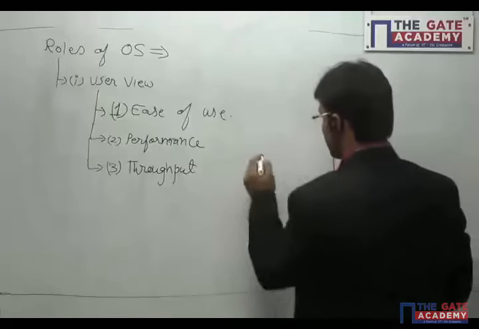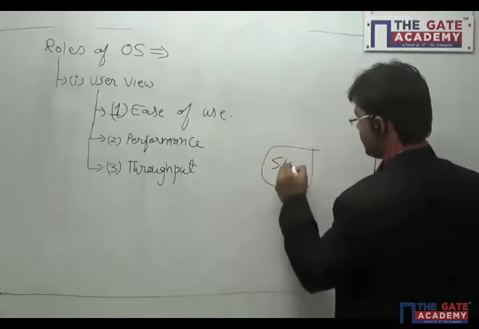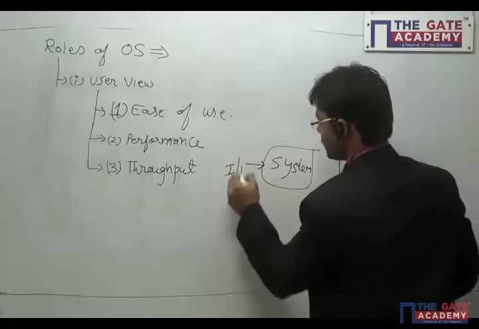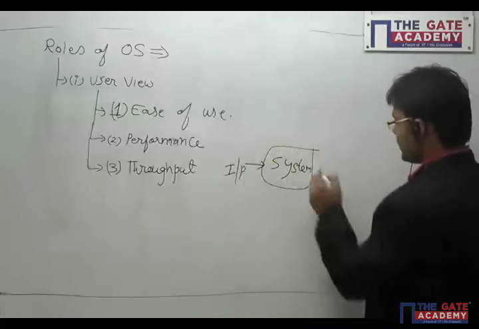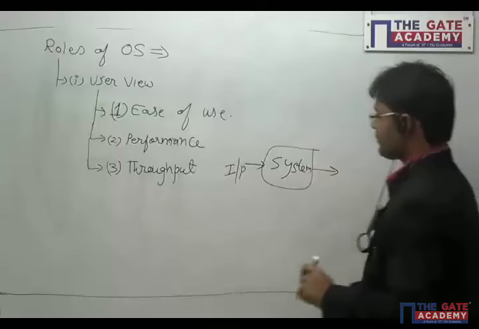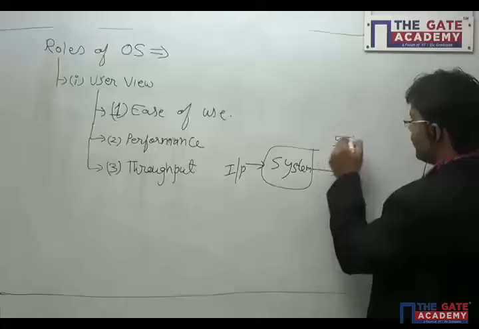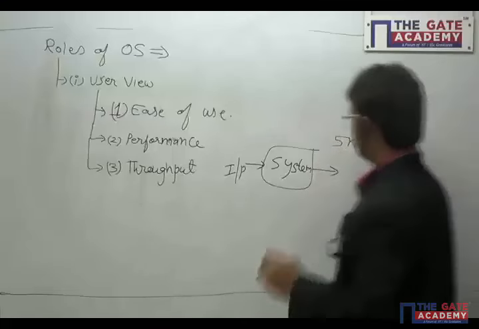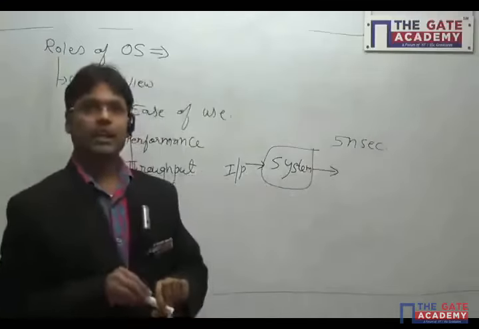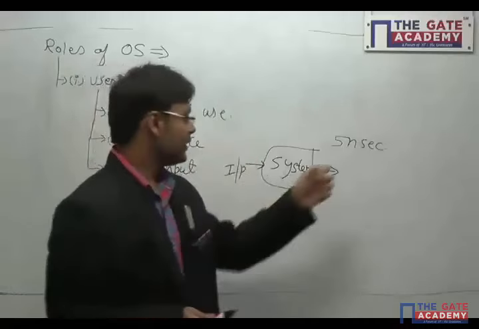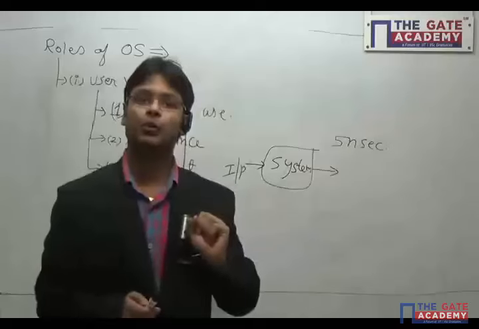Let's say there is a system taking some input, and after 5 nanoseconds the system gives you the first output. Then this 5 nanoseconds is your throughput.